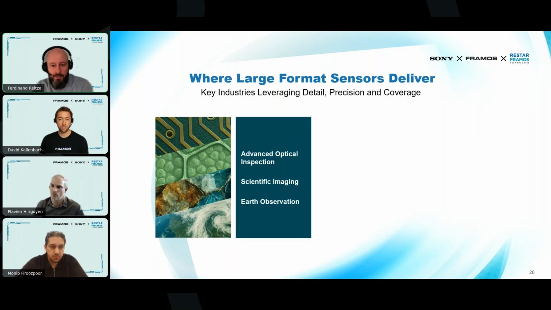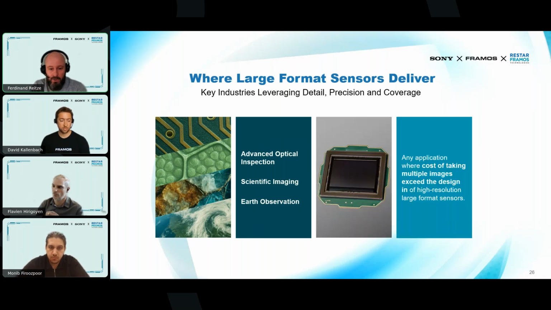Another area is scientific imaging, where sensors are used for DNA sequencing or microscopy. And last but not least, remote observation or related fields gaining traction. Sensors are used for satellite imaging or astronomy. So a general statement can be that they are relevant whenever the advantage of covering a larger area in a single image outweighs the risk and the cost of the design in.